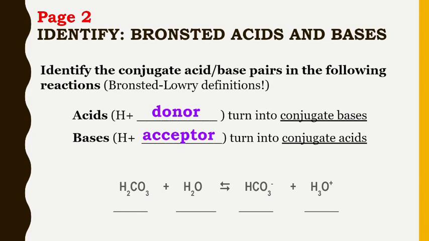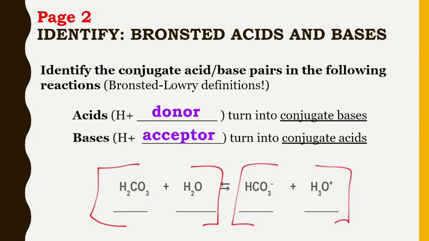And we're going to use that fact in these reactions that you see down below in order to classify substances as acids and bases. And what we have to do here is look at the reactant side and product side as a before and after snapshot of the reaction.